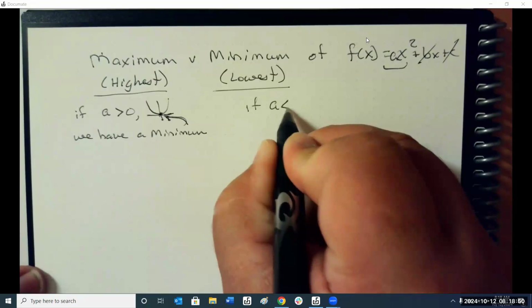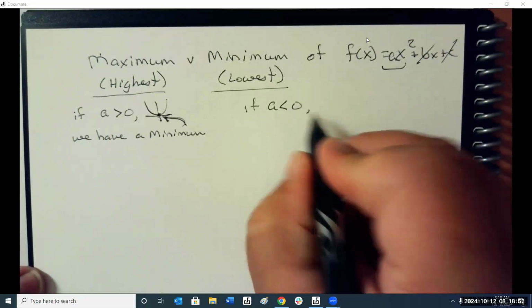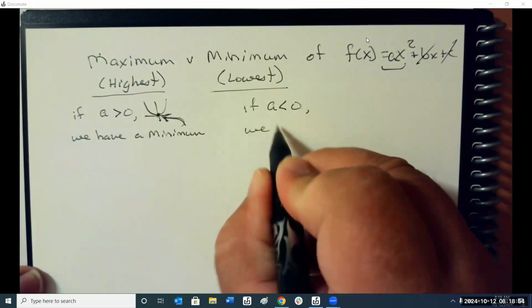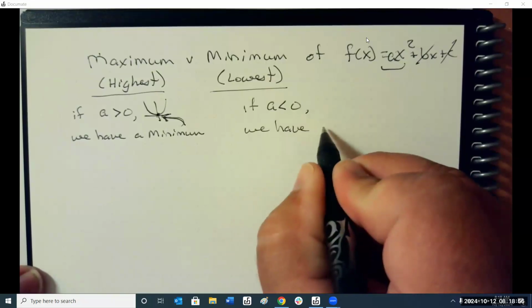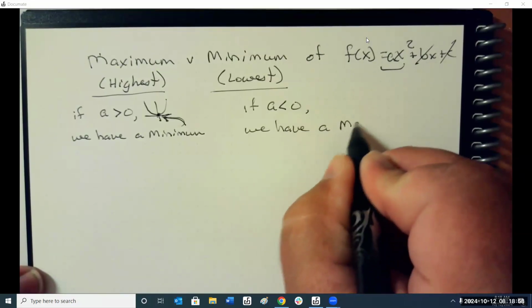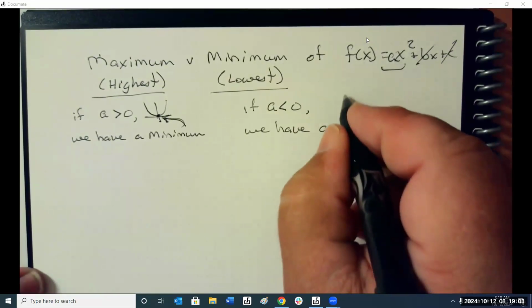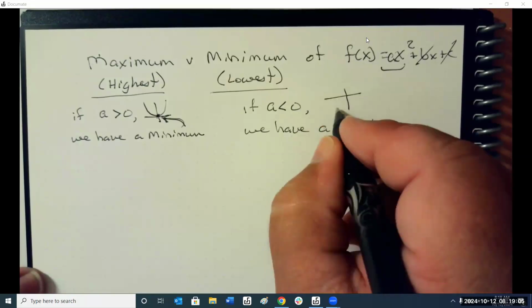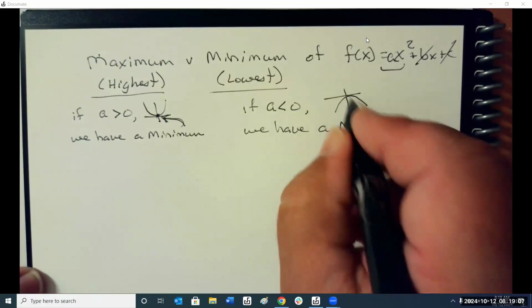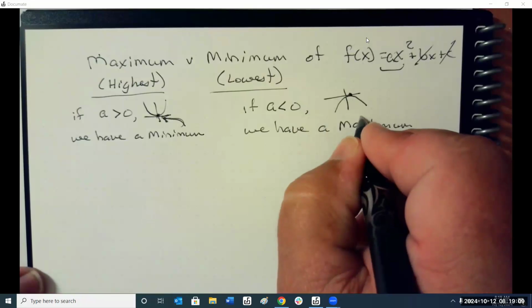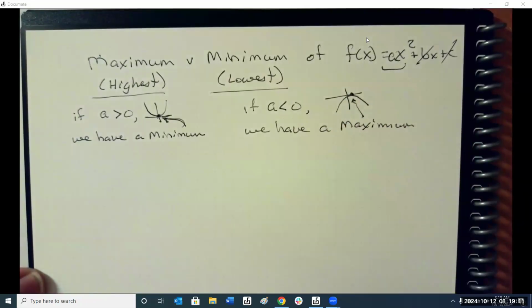If a is negative, we have a maximum or a high point. If a is negative, it looks like this. So we have a maximum, a high point.